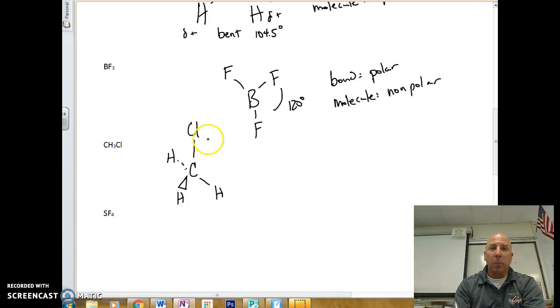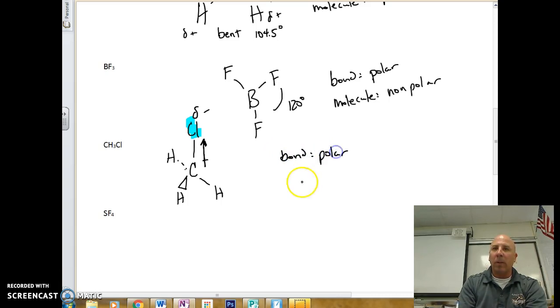But the problem is it's not really symmetrical. We have this chlorine up top here, which is going to be the most electronegative atom. And these hydrogens down here are doing nothing. Well, they're trying to pull on electrons, but they're not very good at it. So we are going to get that dipole up here, that negative charge up here. And so, of course, we're going to have bonds that are polar, and we're going to have a molecule that is also polar.